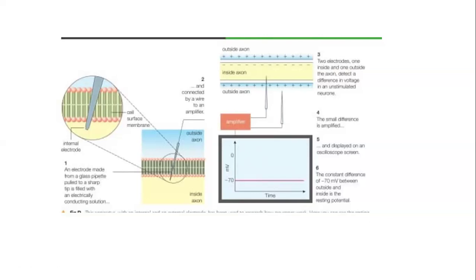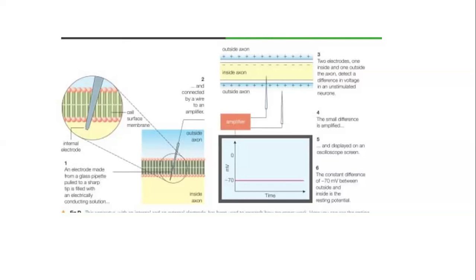What is resting potential? Any idea about resting potential?